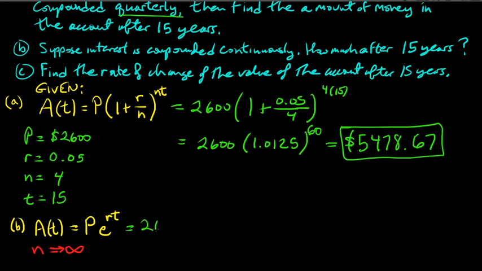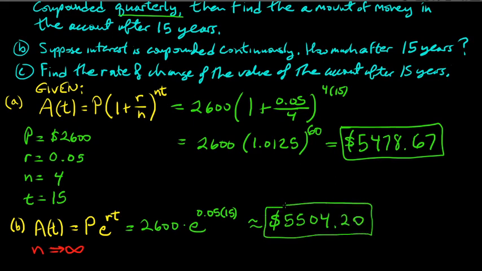Just plugging in the numbers: we still get 2,600 for P, times e to the r, which is 0.05, times t, which is 15. Just use your calculator, and I get $5,504.20.